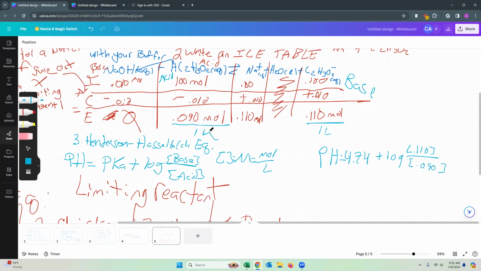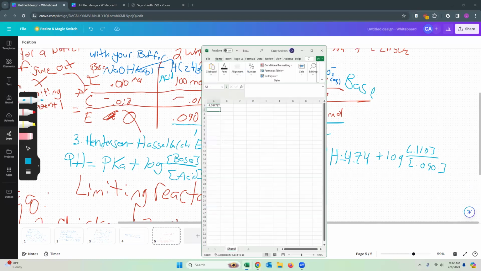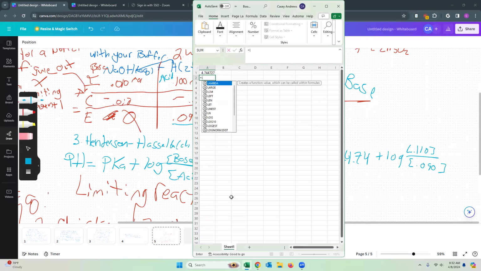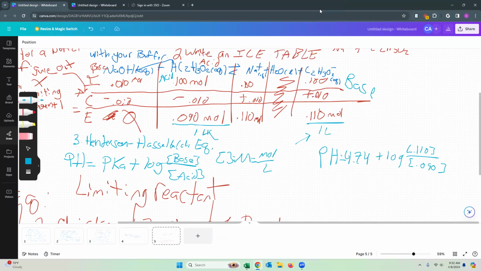The reason why this works out, again, 1 liter, anything divided by 1 is itself. So let's do this. The log of 0.110 divided by 0.090, and I'm going to add that to my pKa. So my pH is 4.83.